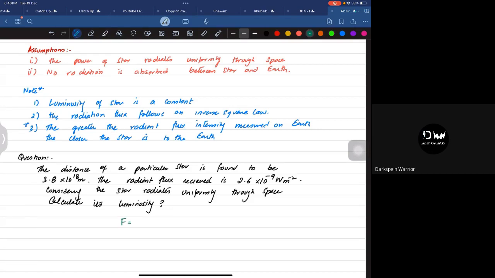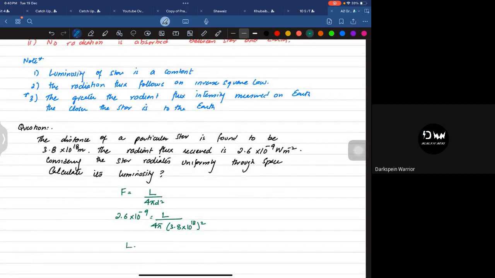I'm getting 4.72 times 10 to the power 29. That's correct. You just need to use this. This is 2.6 into 10 raised to minus 9. This is the luminosity you want to find, 4 pi, and 3.8 into 10 raised to power 18 whole square. So you should be getting 4.72 into 10 raised to power 29 watts, like that. Very good.